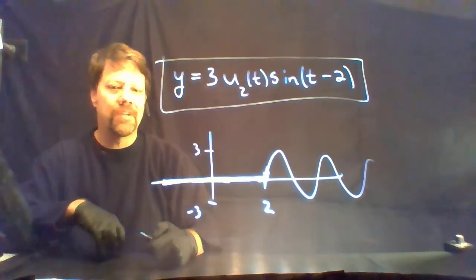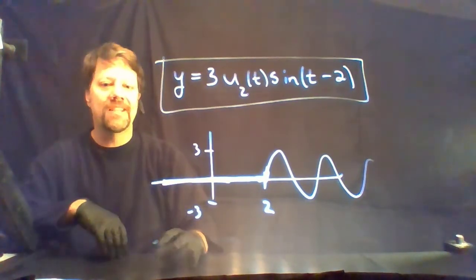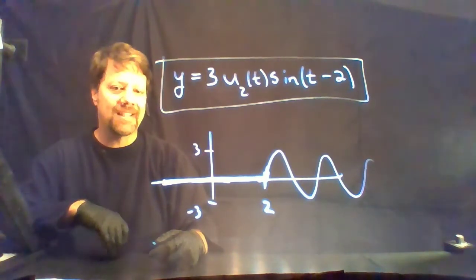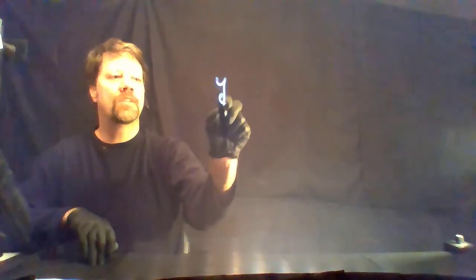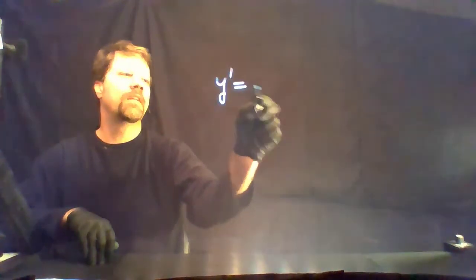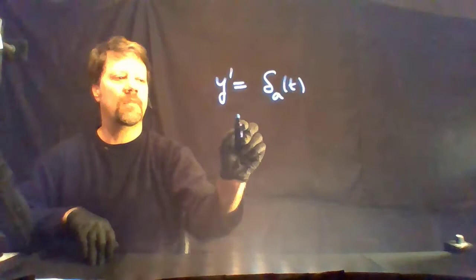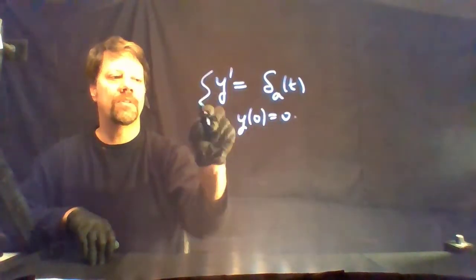The second order derivative has an impulse. It must have a delta function source, since the differential equation ended up having a delta function forcing function. I want to think about what we've just said about this last solution a little more. Suppose I have a differential equation which has a delta function source, and I'll assume that y of 0 equals 0.